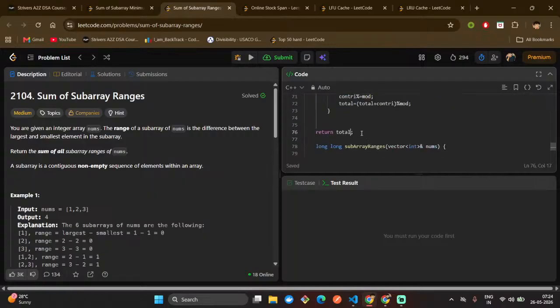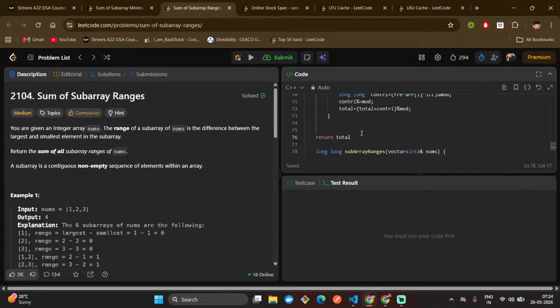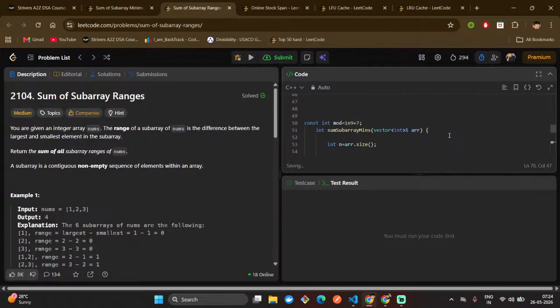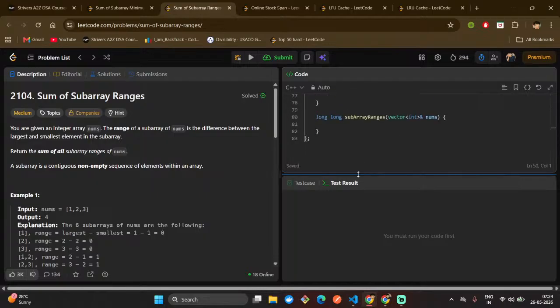Just remove the mod. Remove the mod only. All good. Yes, just remove the mod. All good. It gives the return of the maximum.